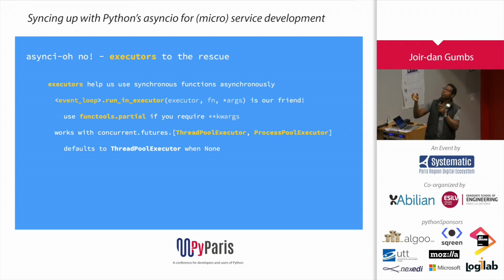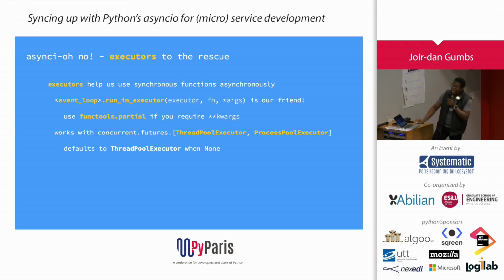Note that if you're using any functions that require keyword arguments, you will have to use functools.partial, which means you have to create your own partial function in order to pass that along, because the executors don't like keyword arguments for some reason.